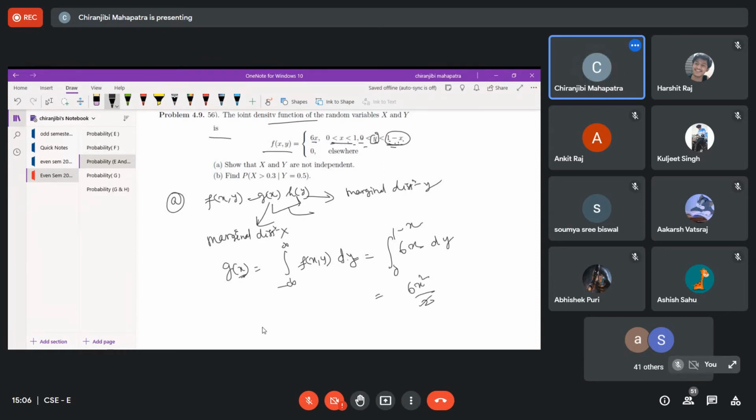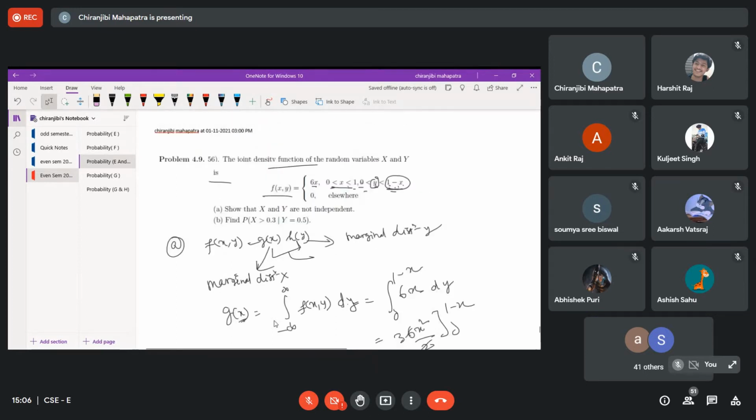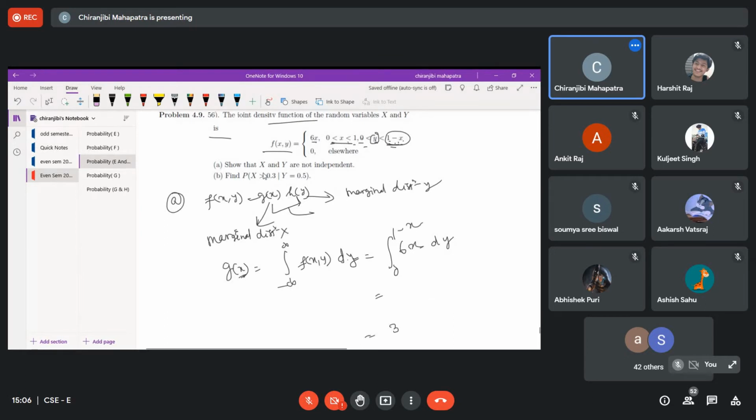We are integrating with respect to y now, so the integrand 6x dy gives 6xy. Sorry, I am writing y here but thinking that it is x, so that is why I made the mistake.